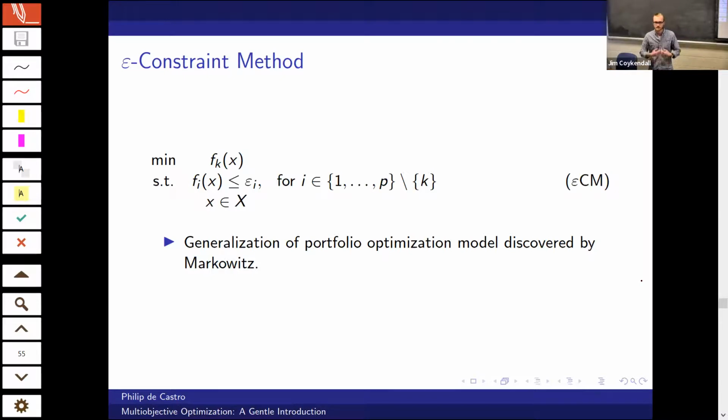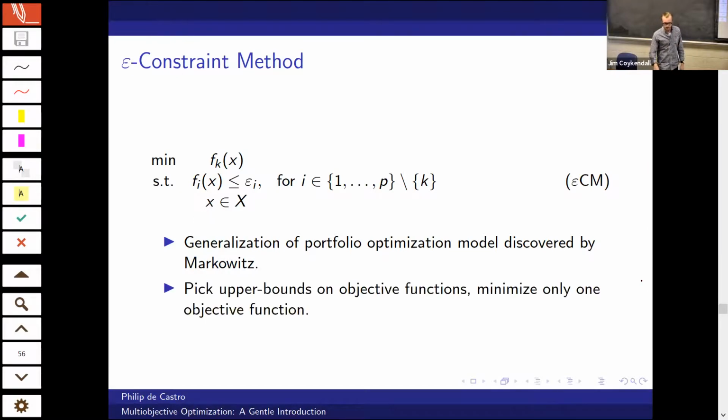So it's actually a very natural, intuitive way of thinking about this. I want to put a bound on my risk, but with that bound, I want to do as well as I can with my return. Taking that idea and generalizing it, you end up with the epsilon constraint method. So again, pick upper bounds on your objective functions and only minimize one of them.